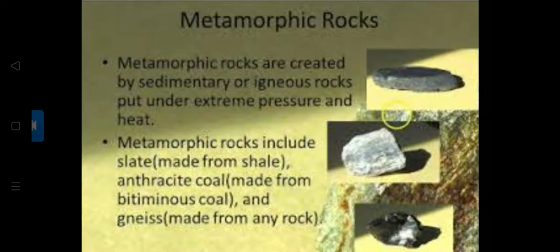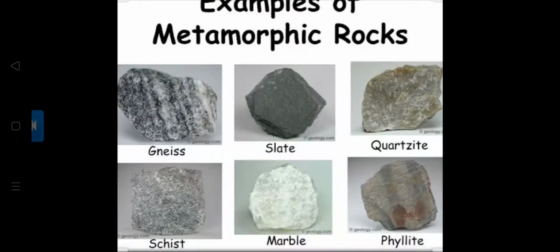And as I said, granite may change into gneiss. If I can give you some examples, or you'll have done it in previous classes. See the different examples: gneiss, slate, quartzite, schist, marble, and phyllite. Basically, granite changes into gneiss.